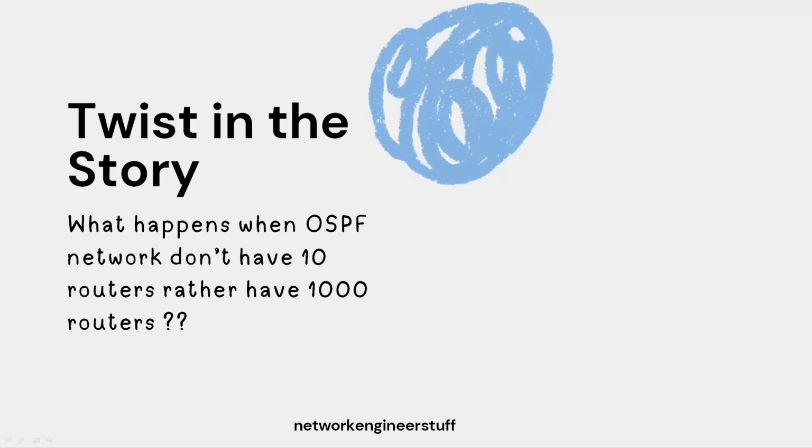But let's say you have not 10 routers in the OSPF domain, but 1000 routers. Once we have 1000 routers in the network where OSPF is running, there will be an issue. I'll explain what the issue is.